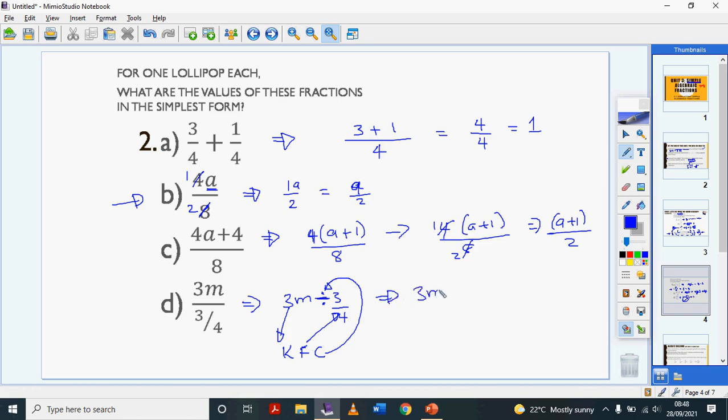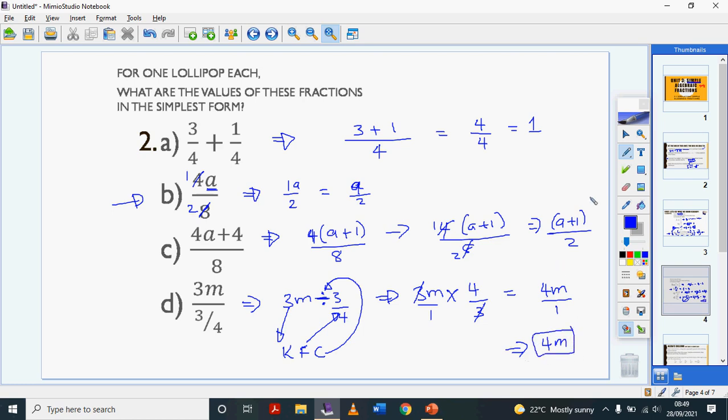So I'll keep the first fraction, which is 3m over 1. I'll flip the second fraction, which is 4 divided by 3, and then I'll change the sign to multiplication. So then I'll end up getting 3m times 4 divided by 3, but I hope you can see that this 3 can cancel with that 3, and you get 4m divided by 1, and your final answer is just 4m.